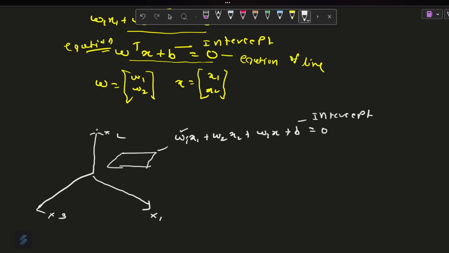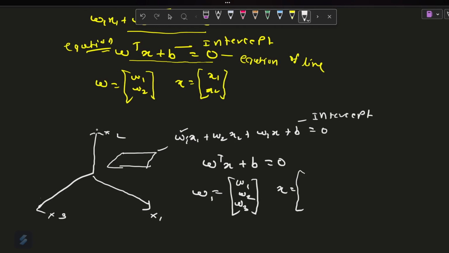In that case, we can write this equation as w transpose x plus b is equal to 0, where w is nothing but w1, w2, w3, and x is nothing but x1, x2, and x3.